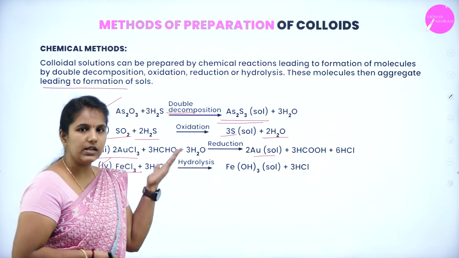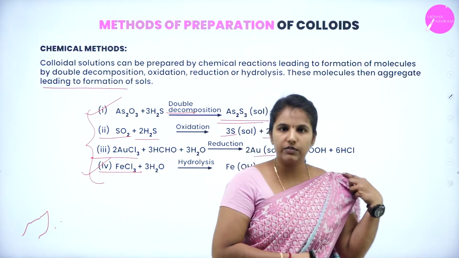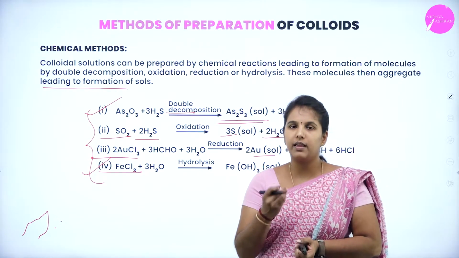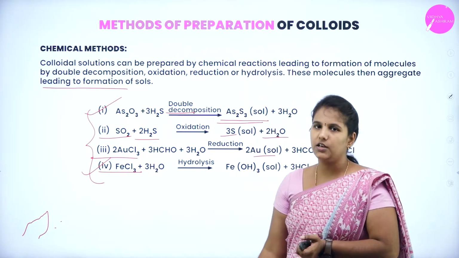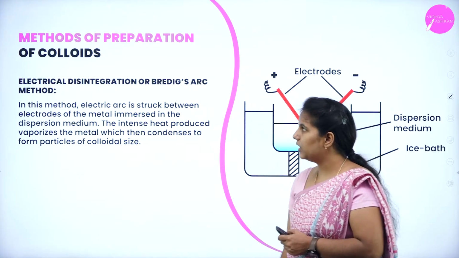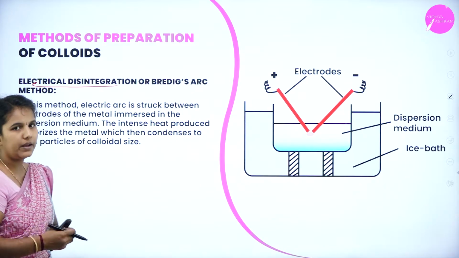Hence, this is a chemical way of preparing the colloidal solution. So which are those? By decomposition, by double decomposition, by reduction, by hydrolysis and also by oxidation, you can prepare the colloidal solution.